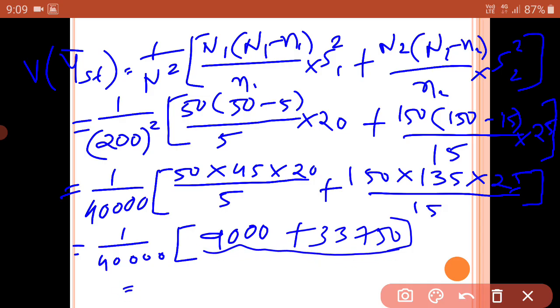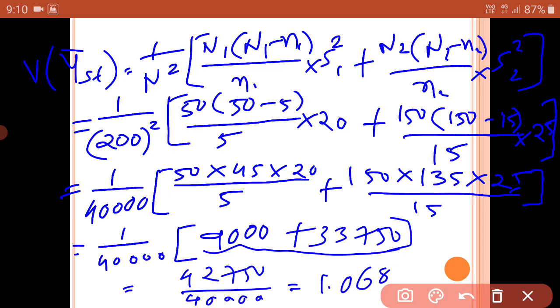The sum of these two values, 33,750 plus 9,000, is 42,750. Then divide by 40,000. Your final answer is 1.06875. You can also write it to 2 decimal places as 1.07.